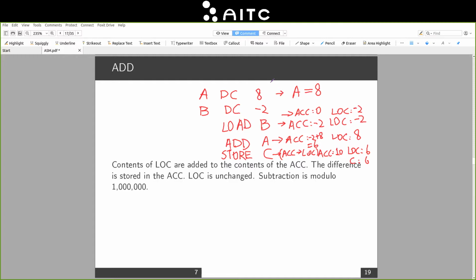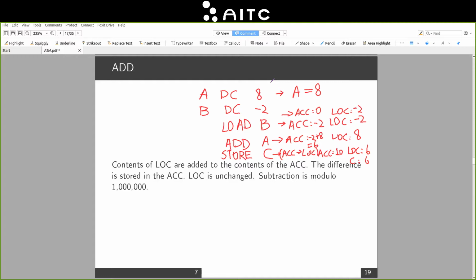Can you give me the opportunity to answer this question? The A DC 8, oh sorry, A is equal to 8 and B is equal to -2.